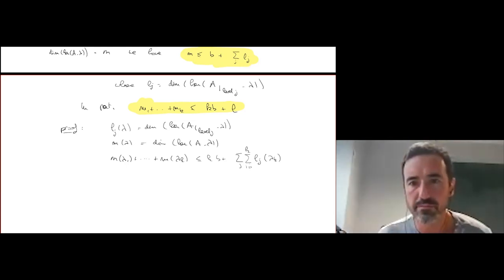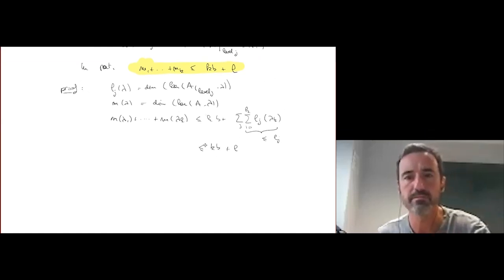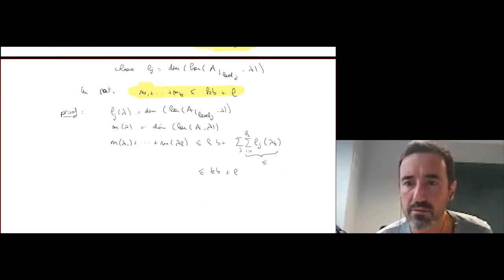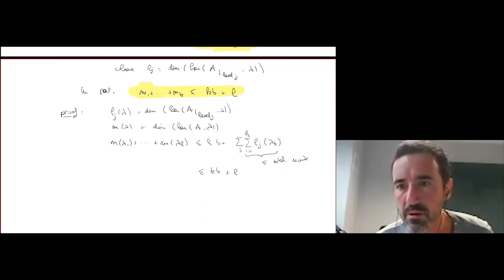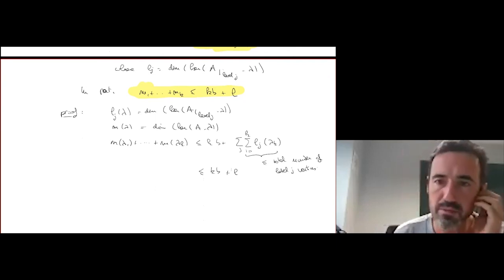But this sum by assumption is less than Lj, because the sum of the multiplicities of eigenvalues is less than the number of level j vertices, obviously. And the sum of the Lj is equal to L by assumption. I didn't define Lj, sorry: it is the total number of level j vertices. So this proves the in particular part.